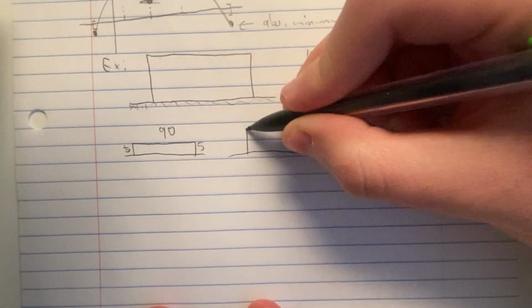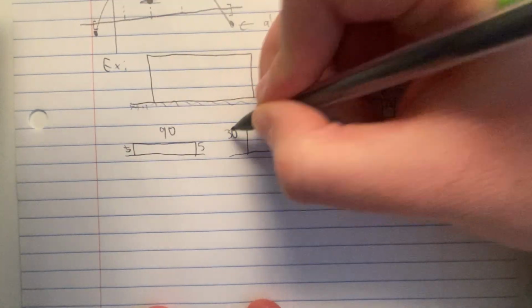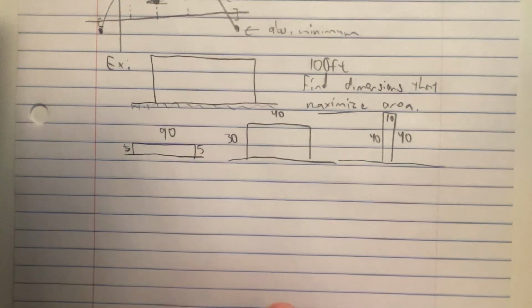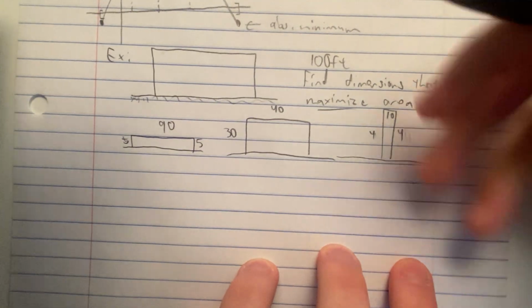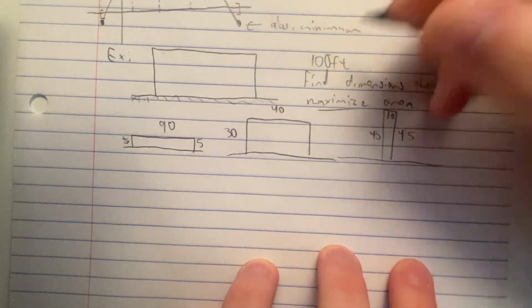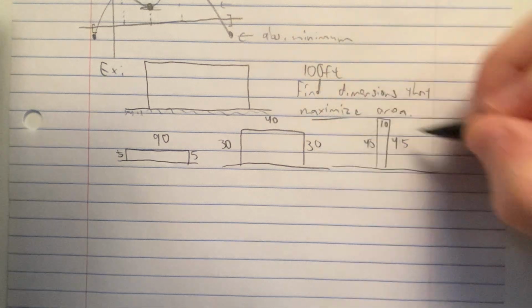Maybe somewhere in the middle, like 45, 10, 45. That adds up, right? No, it does not. I'm going to say 45, 10, 45, maybe somewhere in the middle.